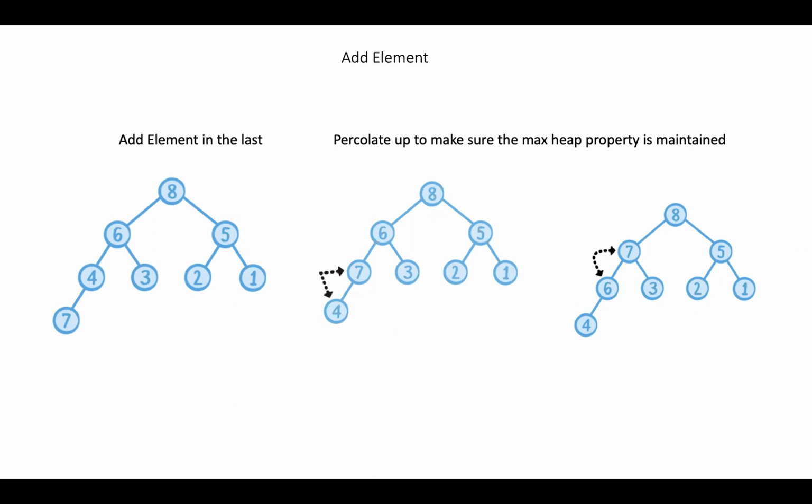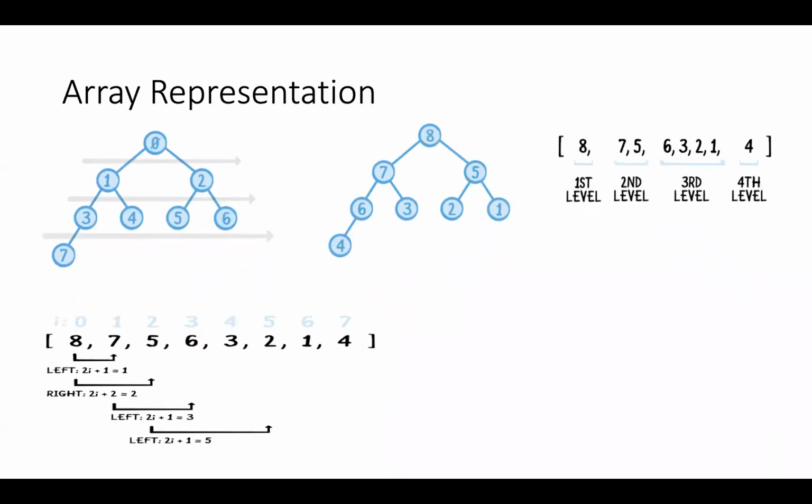Okay, so moving on. Now we will see, because I initially told that we do not maintain any kind of node data type for left and right pointers to navigate in the tree. We use indexes of the array itself. This heap is represented internally in the form of an array.